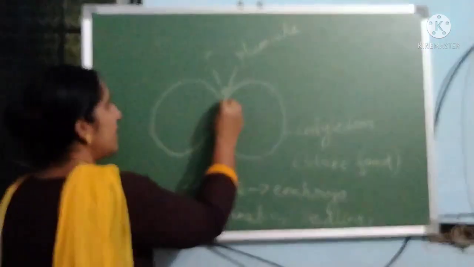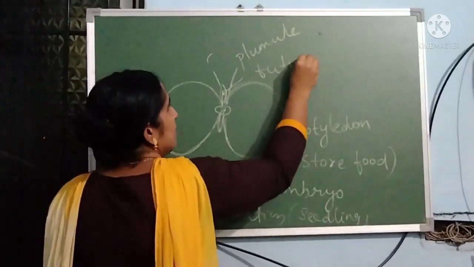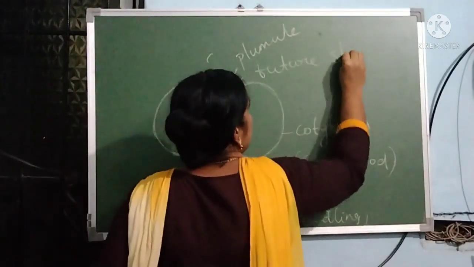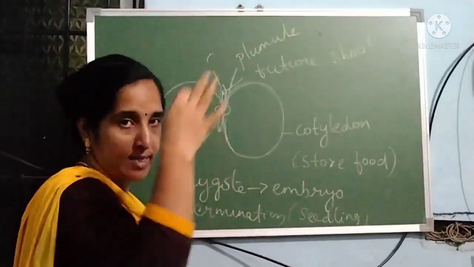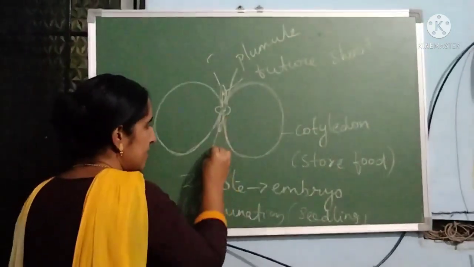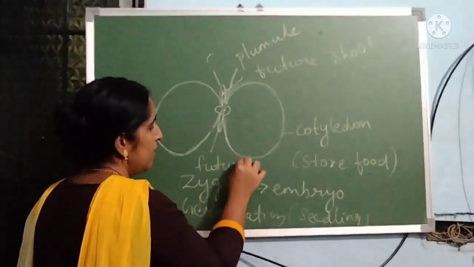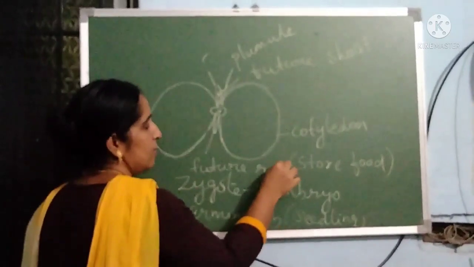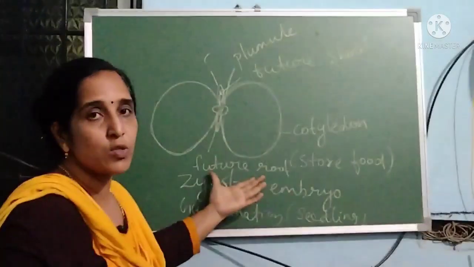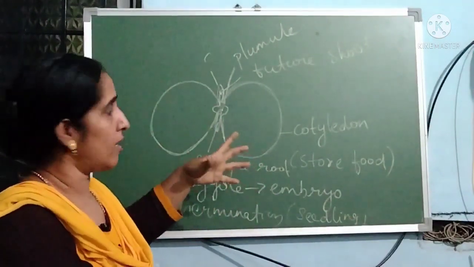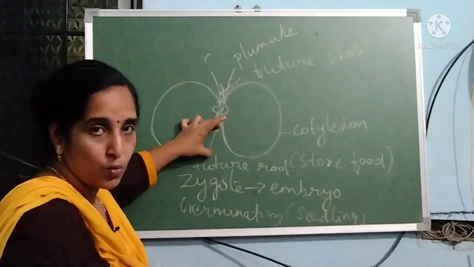So this part will become the future shoot. Shoot means that consisting of leaf, stem, etc. And the lower part will become the future root. The function of root is to absorb water and minerals from the soil. So this is the future shoot and future root.